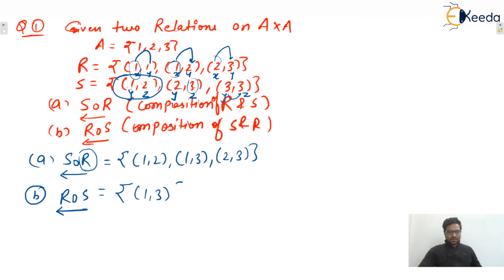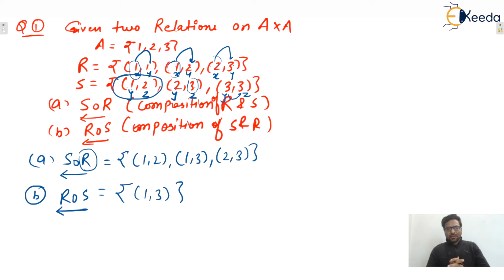Other than this, there are no matchings like XY and YZ. So we see XY in relation S, and we search YZ in relation R. XY in relation S was 1 comma 2, and 2 comma 3 was in relation R. So 1 comma 3 will be the answer.